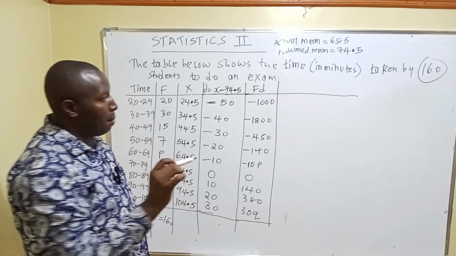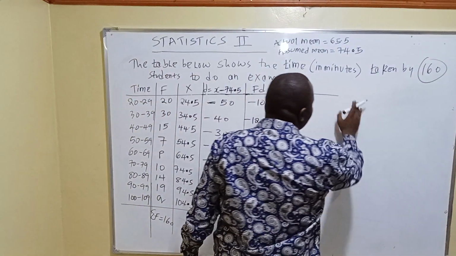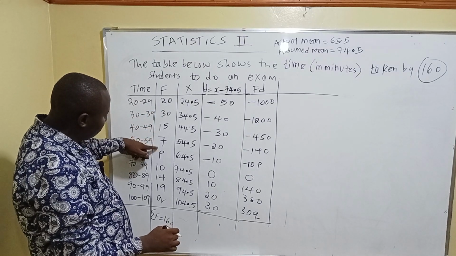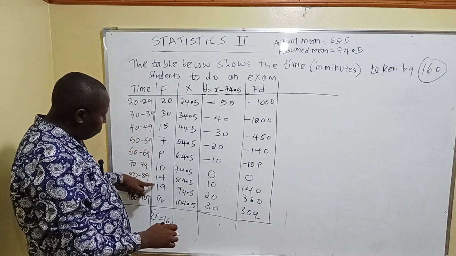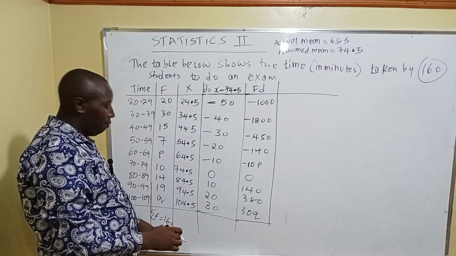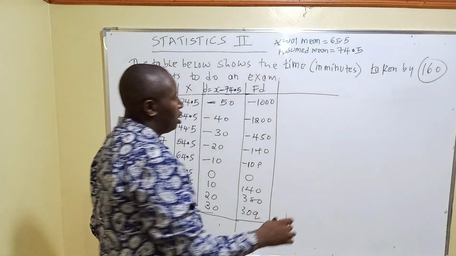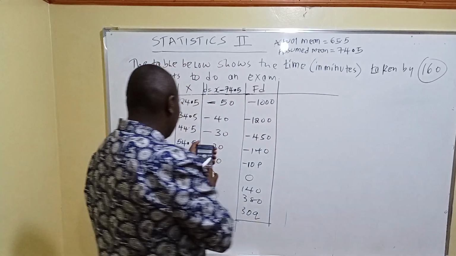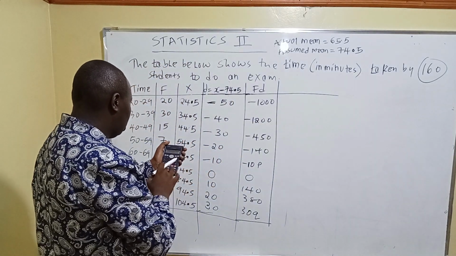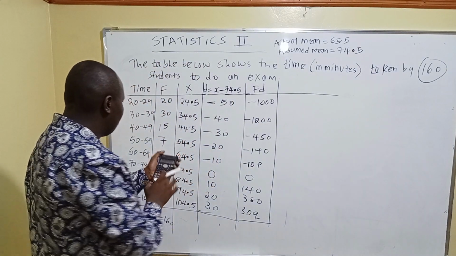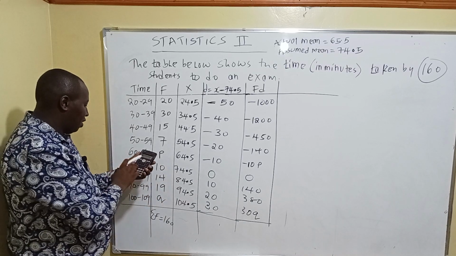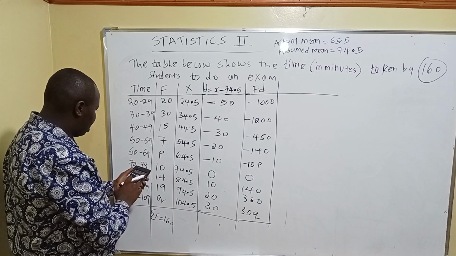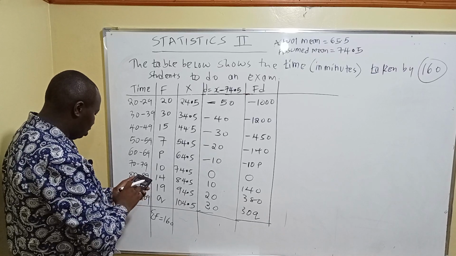So therefore, step number 1 is to work out this: 20 plus 30 plus 15 plus 7 plus P plus 10 plus 14 plus 19 plus Q equals 160. So write this: P plus Q plus 20 plus 30 plus 15 plus 7 plus 10 plus 14 plus 19.